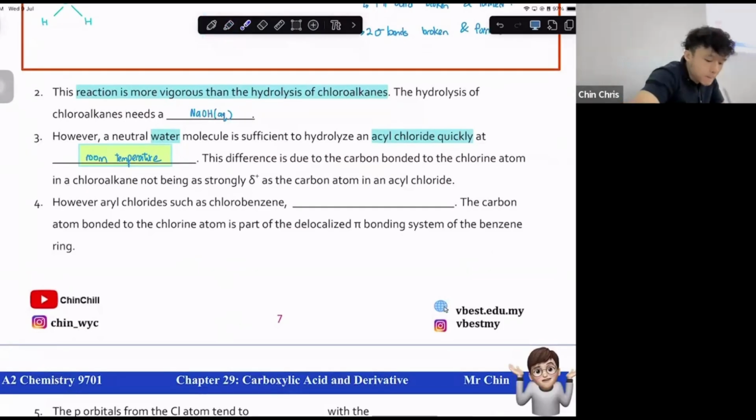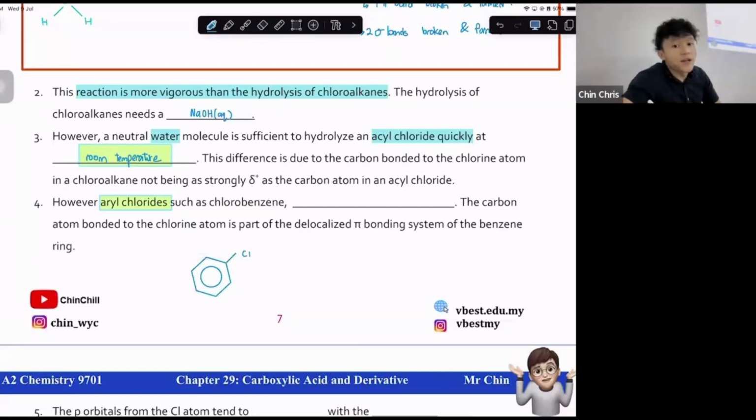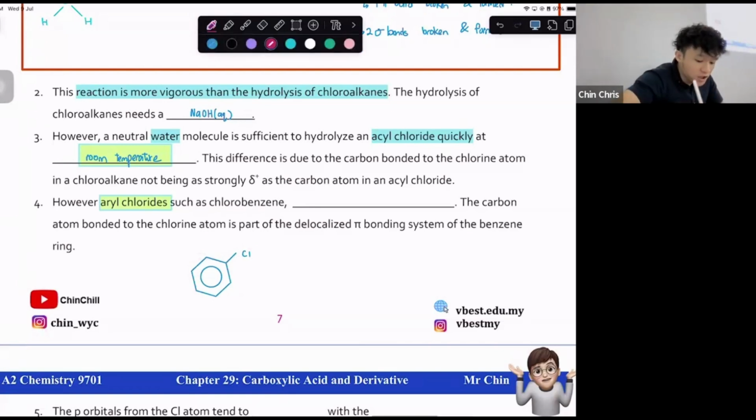So guys, next, if you have an aryl chloride, let's draw an aryl chloride. Do you know what an aryl chloride is? An aryl chloride is a chlorine attached to a benzene ring. If you take aryl chloride plus H2O, what's going to happen? There's no reaction.